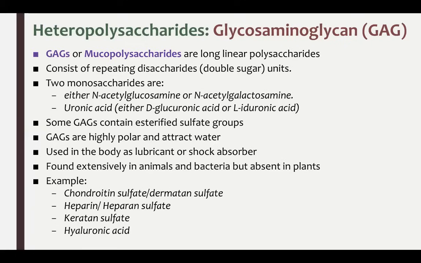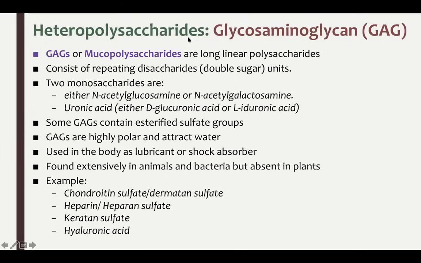Then we came to polysaccharides, learned their classification, and discussed different homopolysaccharides like starch, glycogen, cellulose, and chitin, right? If you have no question, then we will start the heteropolysaccharides, okay?